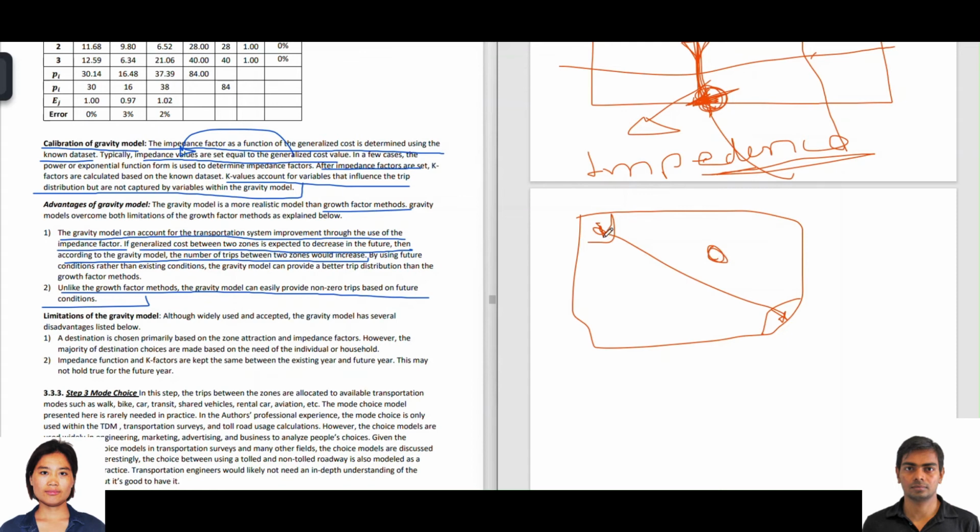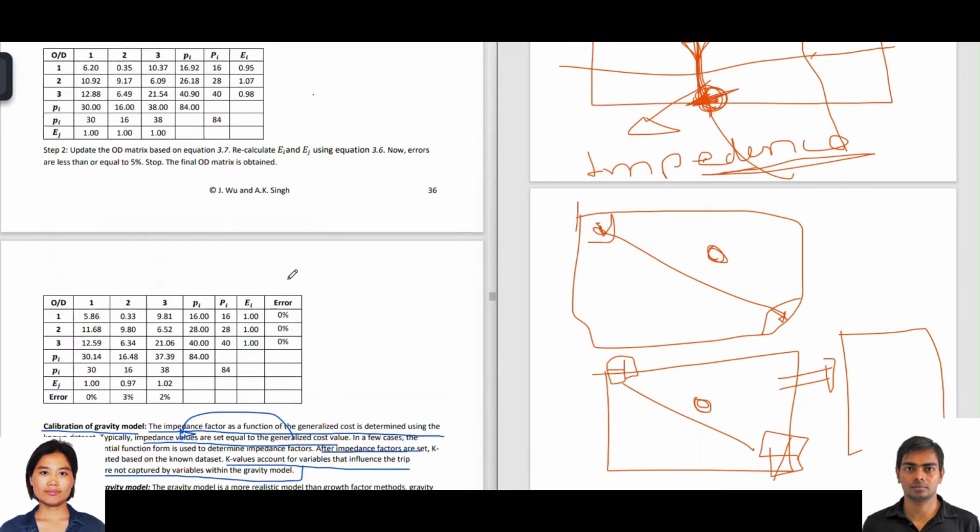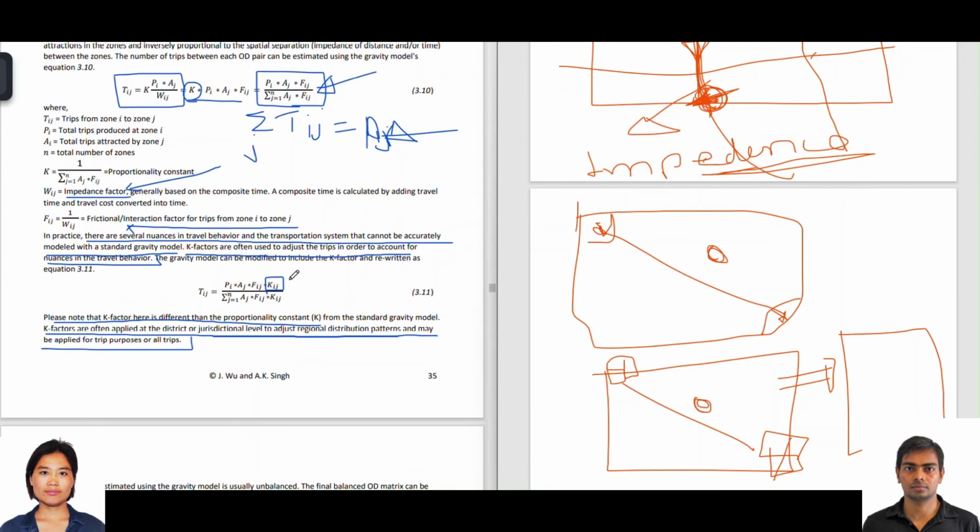Even if this location has many developments in the future, and this location also has many developments in the future, the trips will always be zero using growth factor method, except for optimization method. Whereas in gravity model, since it's based on the impedance factor, this number of trips can be non-zero.